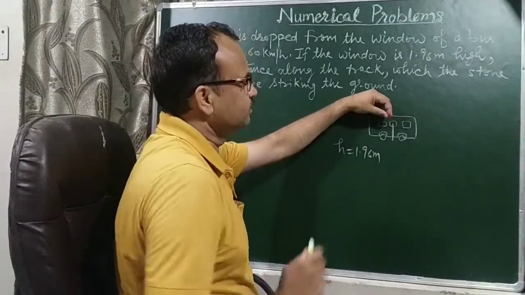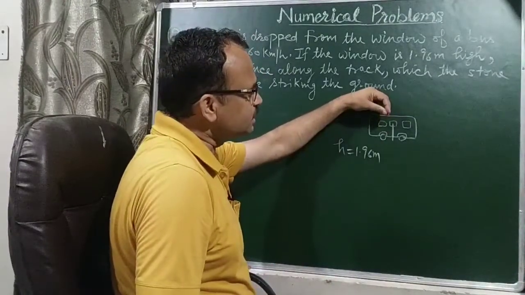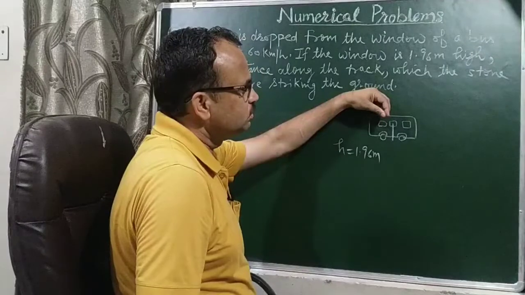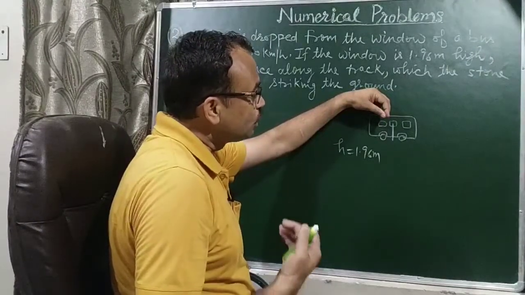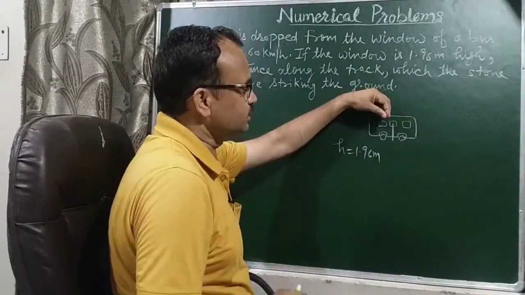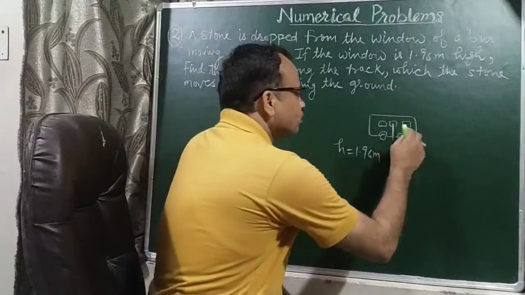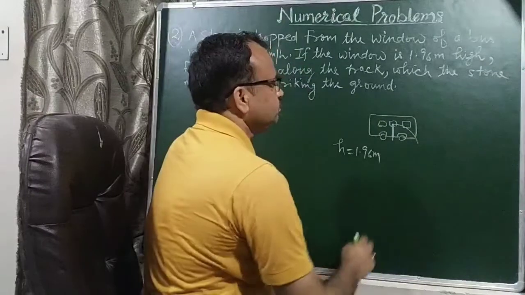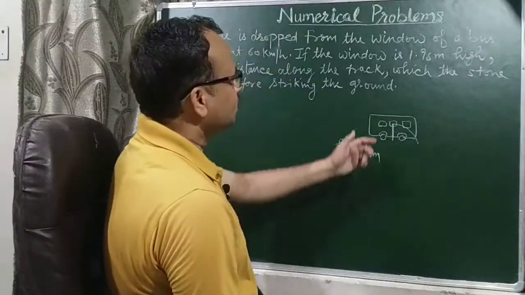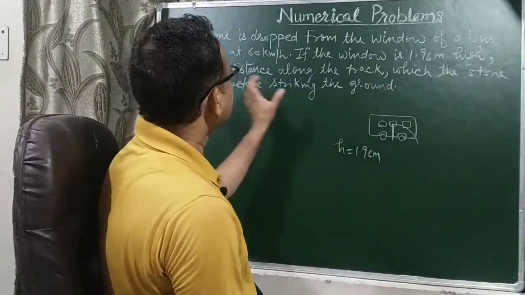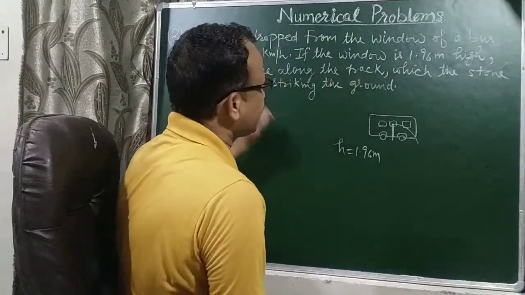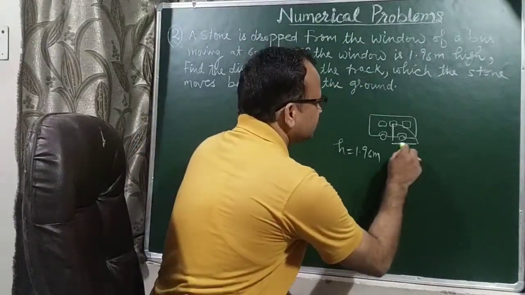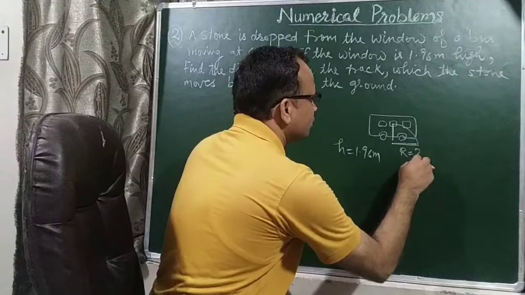When the passenger drops the stone and the bus is moving, as the passenger releases the stone, the stone gains the velocity of the bus and moves like this. Here we have to calculate the distance along the track, this distance, which is the question mark.